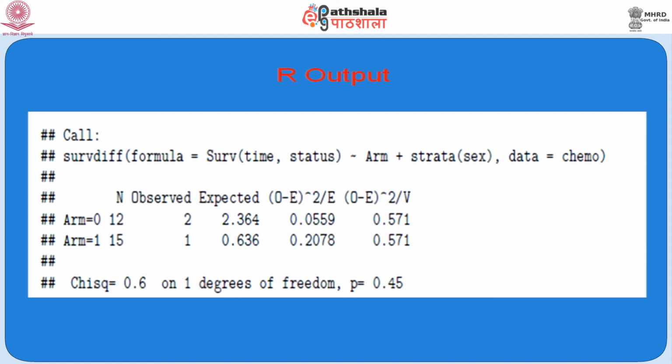This is the whole thing on survival analysis to get the Kaplan Meier estimate and to get the survival difference curve. In this module we have seen the statistical package and tools in R for the Kaplan Meier estimator.